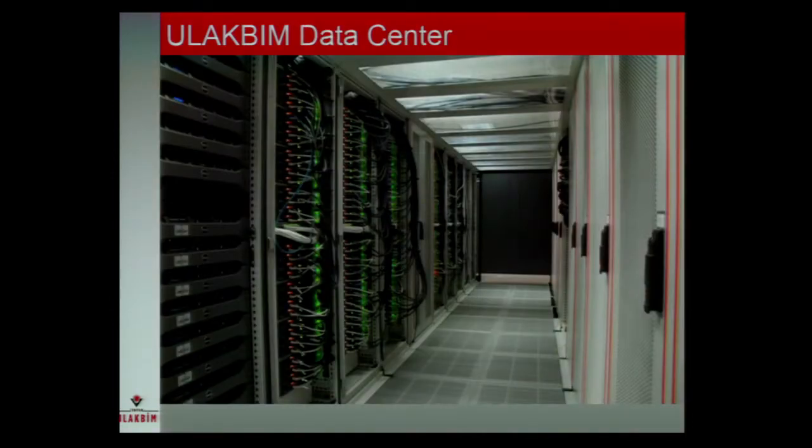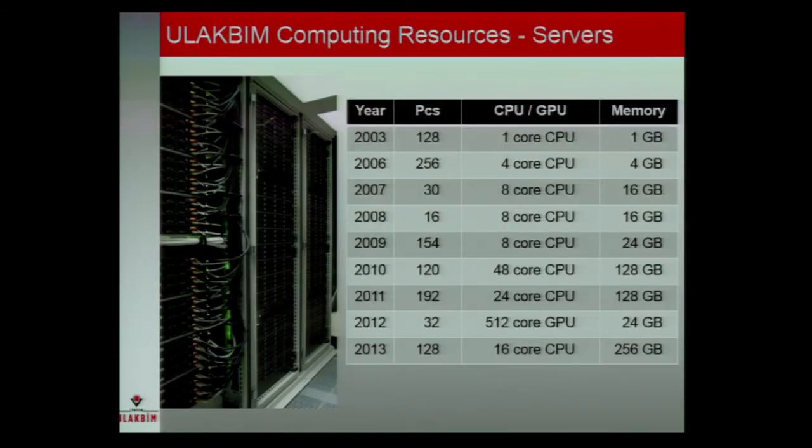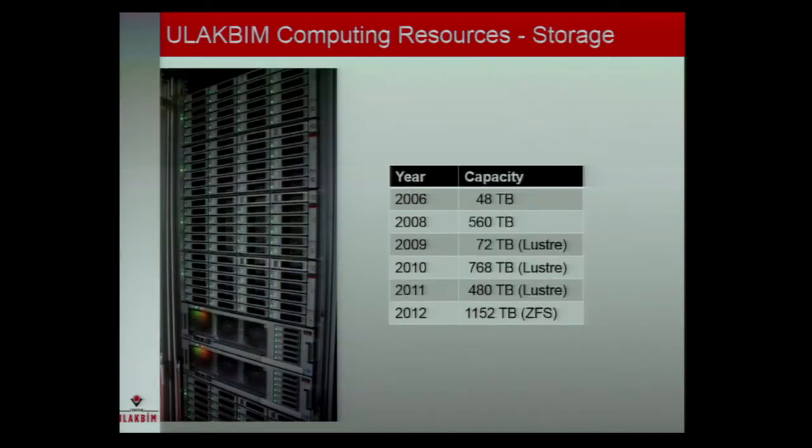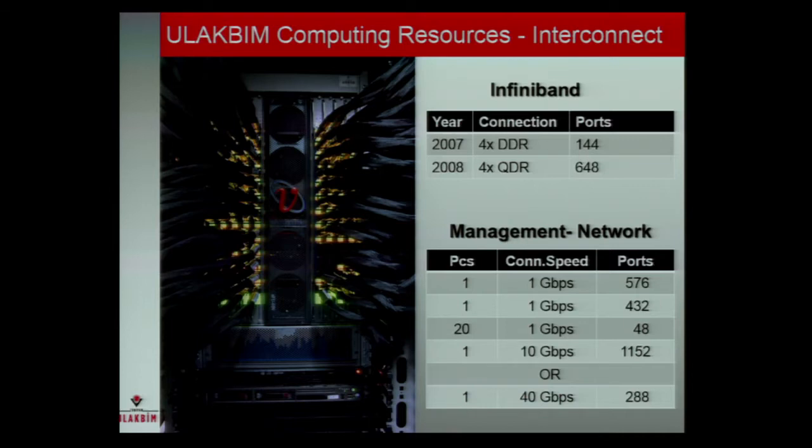This is our data center. These are the server resources we have. And these are the storage resources, approximately a total of 2.5 petabytes. And these are the interconnects in terms of InfiniBand and network management.